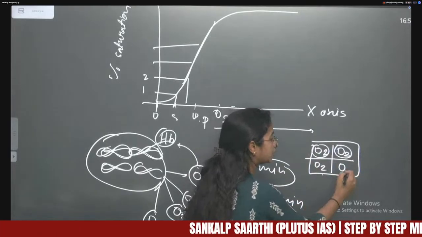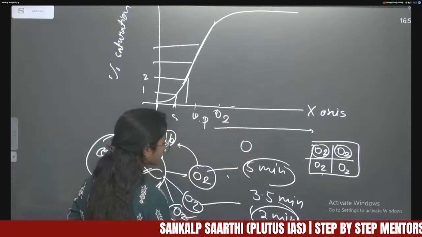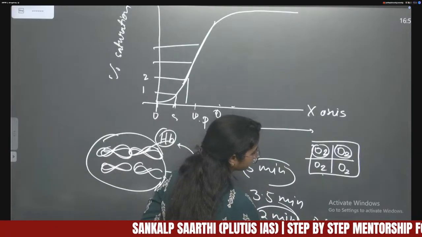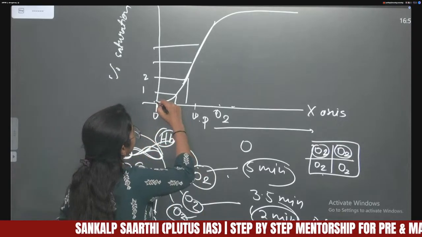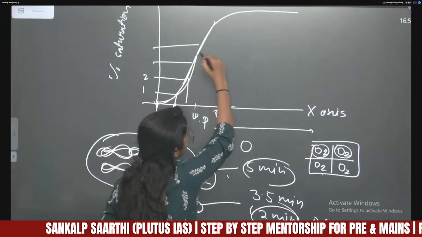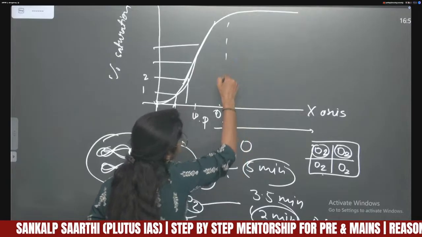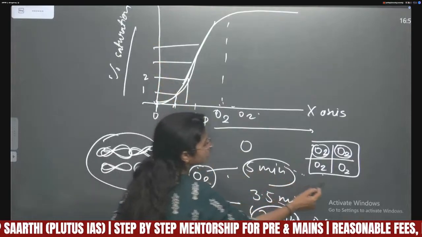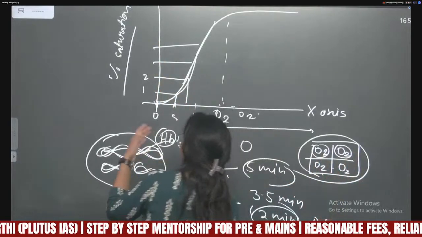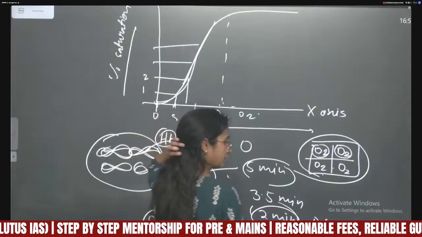Everyone is waiting for me only. Let me bind. The fourth oxygen molecule binds in 0.5 minutes. Getting my point? Yes, ma'am. That shows a gradual progression. Still, if you are increasing the concentration of the oxygen molecule, the Hb molecule is already saturated. That is called the saturation.